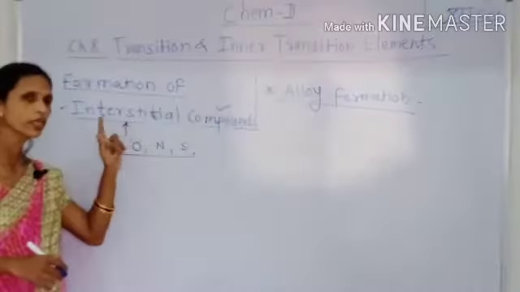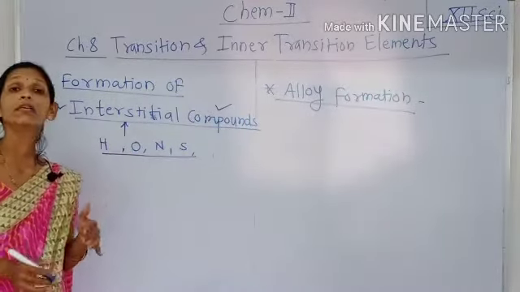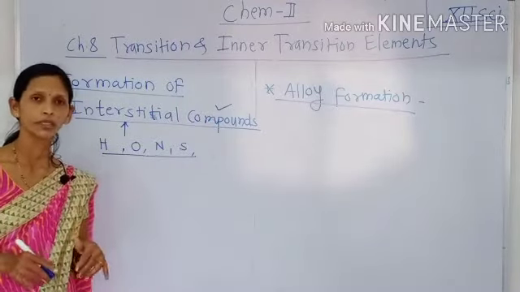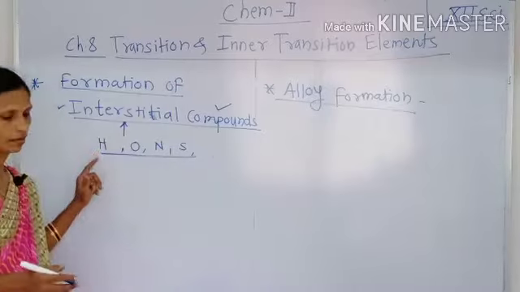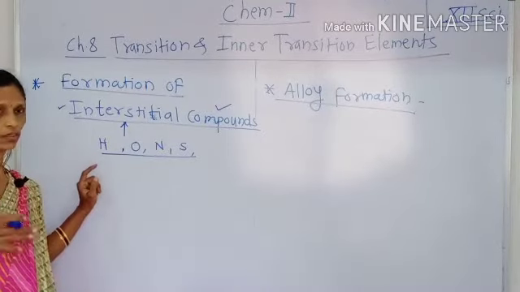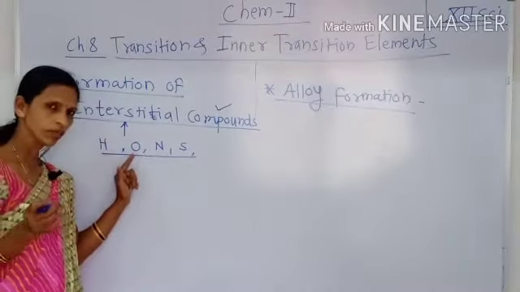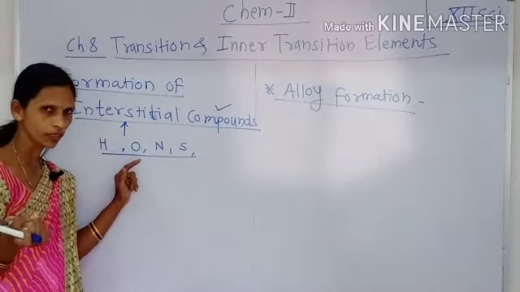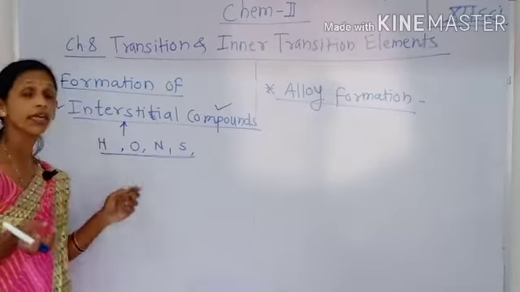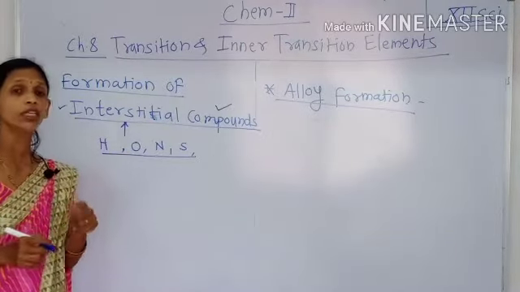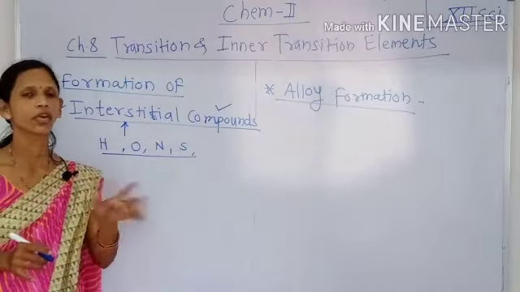An interstitial compound, as the name itself indicates, is a compound of transition elements which is formed when small elements having small atomic number get trapped or captured in the interstitial space of transition elements.